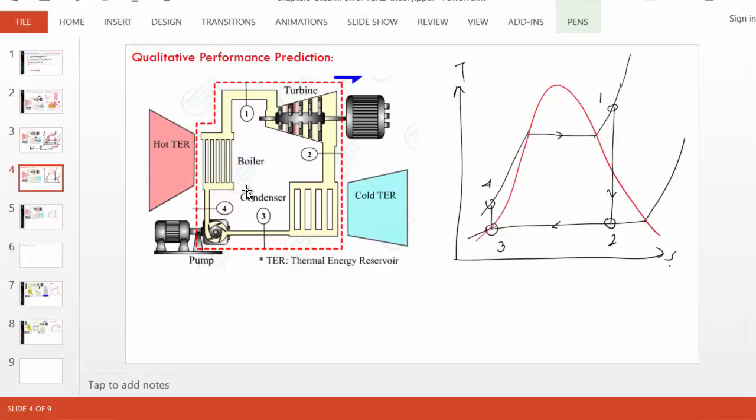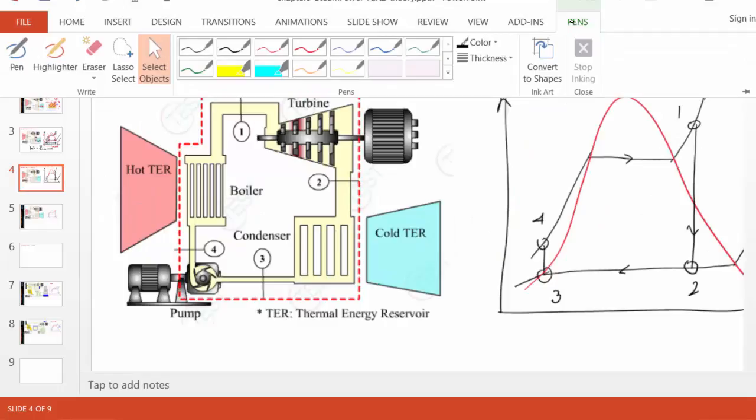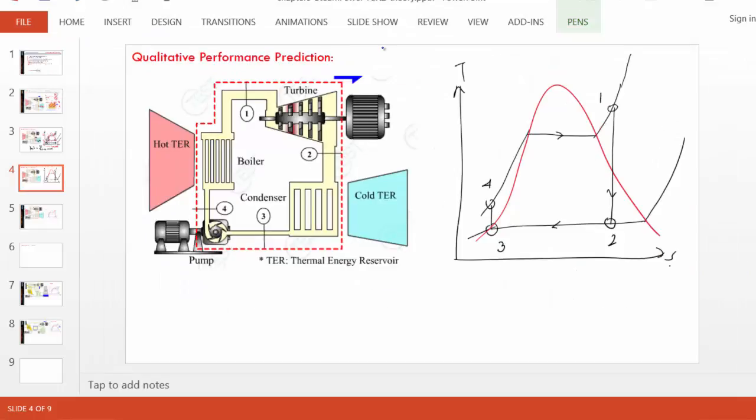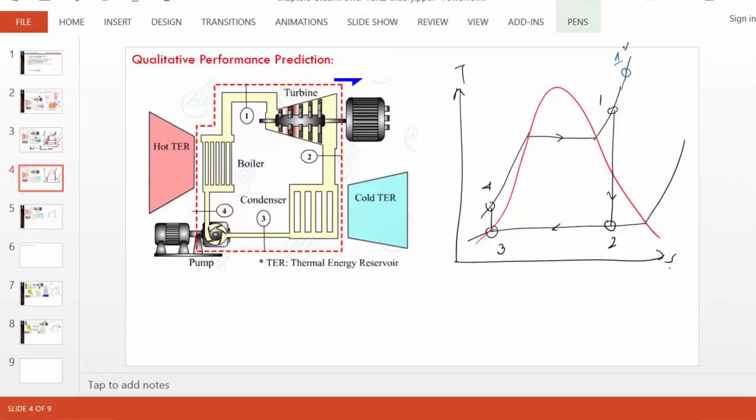So if we increase the maximum temperature of the cycle, now suppose we heat it up to 1 prime, then to the turbine, the new cycle will be, again, isentropic, 2 prime. So it will be 4, 1 prime, 2 prime, and 3. So as you can see, the area underneath and area enclosed has increased, so net work has gone up.